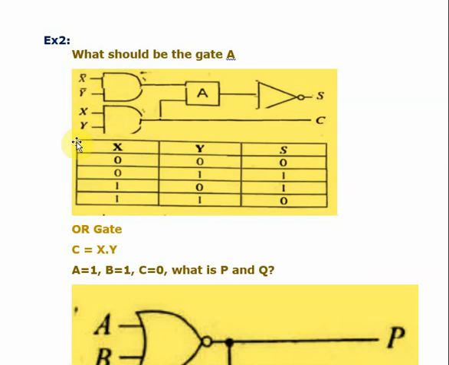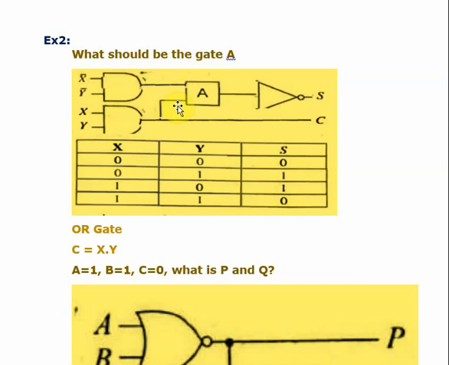If X is 0 and Y is 0, this is going to be 0. It is fed here, we don't know what the gate is. Then X bar, Y bar means opposite of 0, which is 1, 1. Then it is fed here 1. Then here 1, here 0.